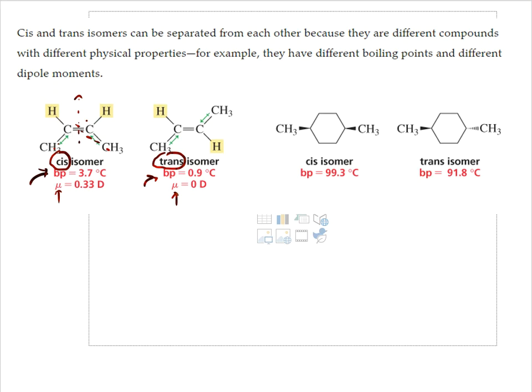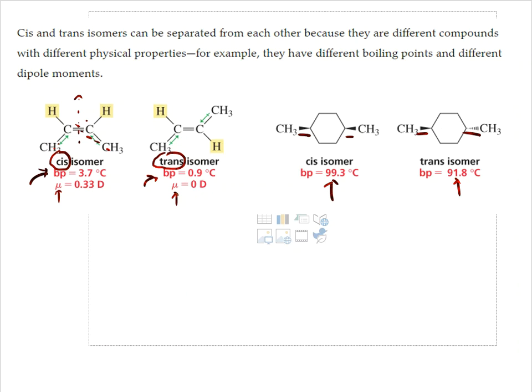The same thing's going to happen over here to the right-hand side. On the right-hand side, we have the cis and we have the trans. I know this is the cis because of the wedges. I know this is the trans because of the wedges. And if you look at these boiling points, guys, there's almost a 9-degree difference here, right?